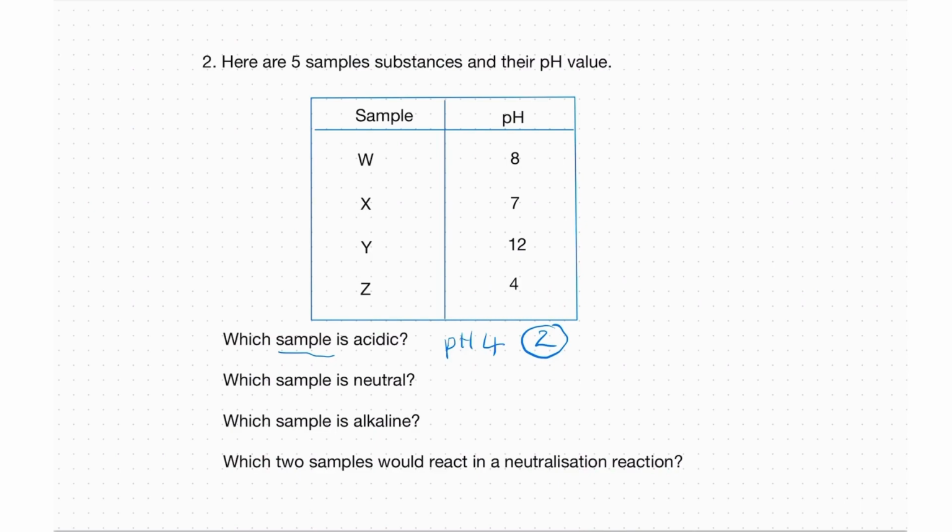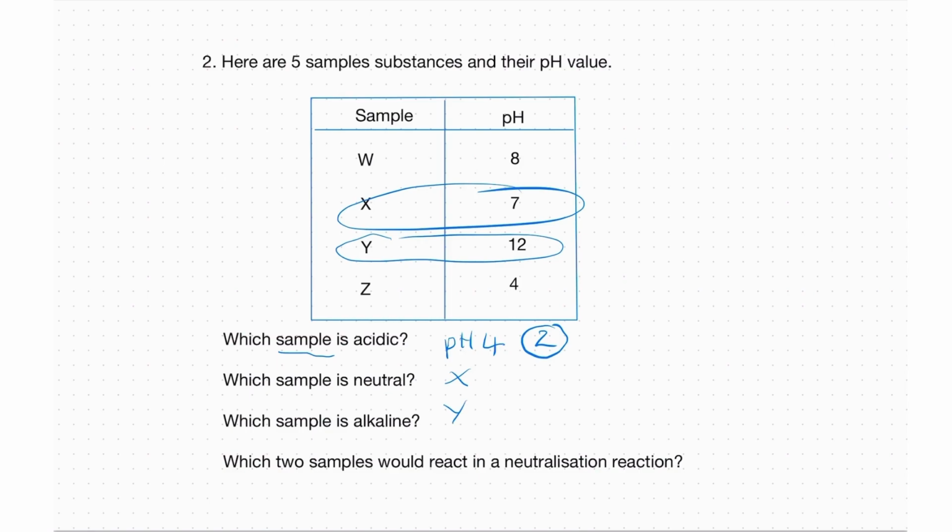The next one, which sample is neutral? That's in the middle of our pH scale, going from 1 to 14. We should always remember that neutral has a pH of 7. So we would write X. And then which sample is alkaline? The most alkaline sample here is Y with 12.